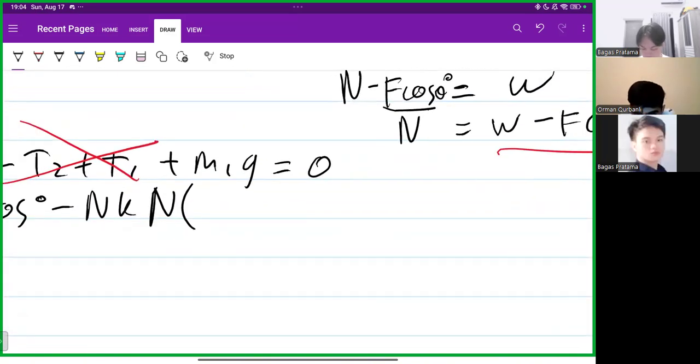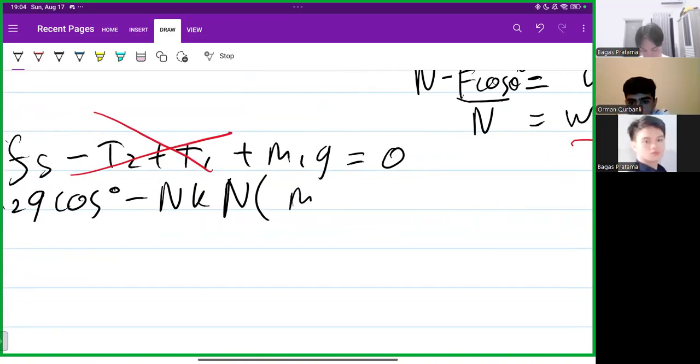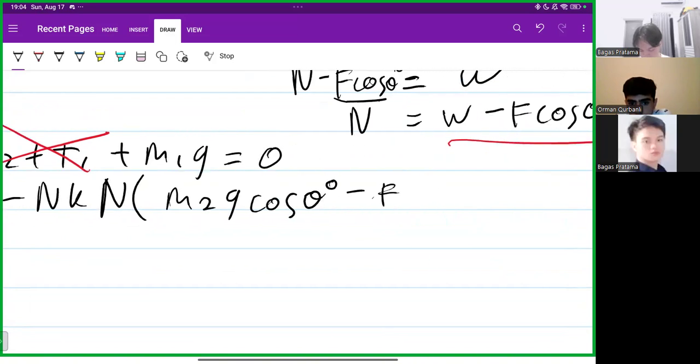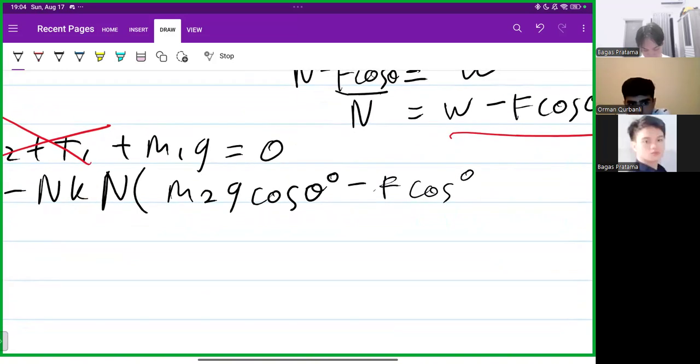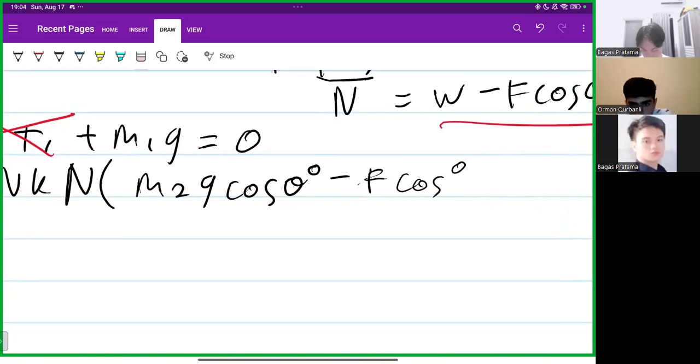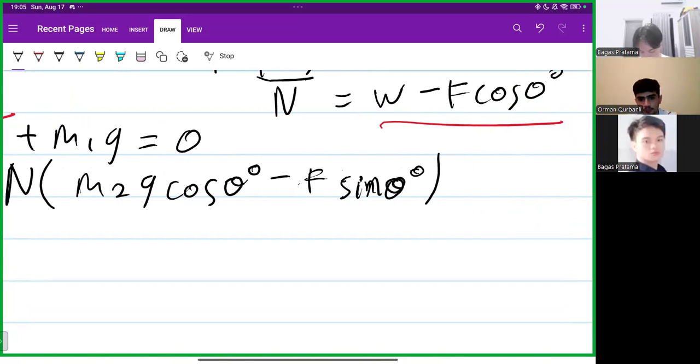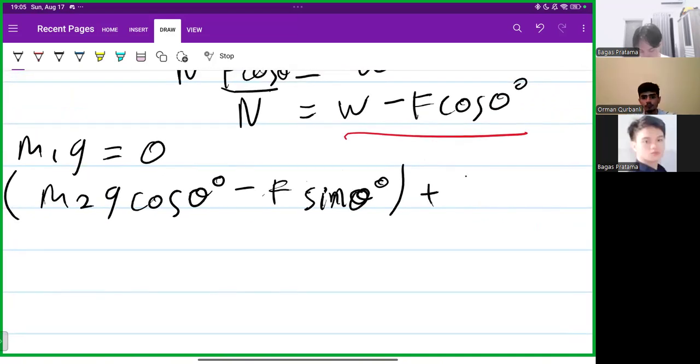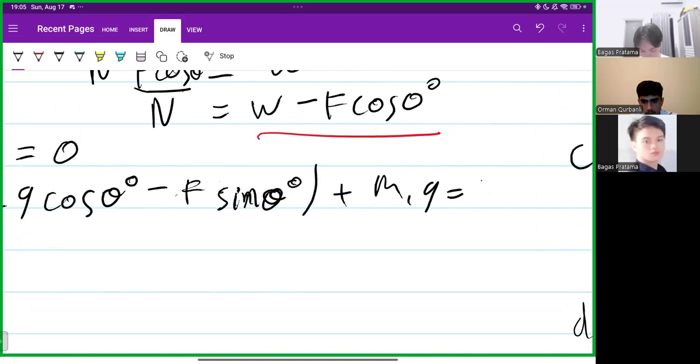So remember the W equation is M2G cos theta minus F cos theta, sin theta, and plus M1G equals 0.